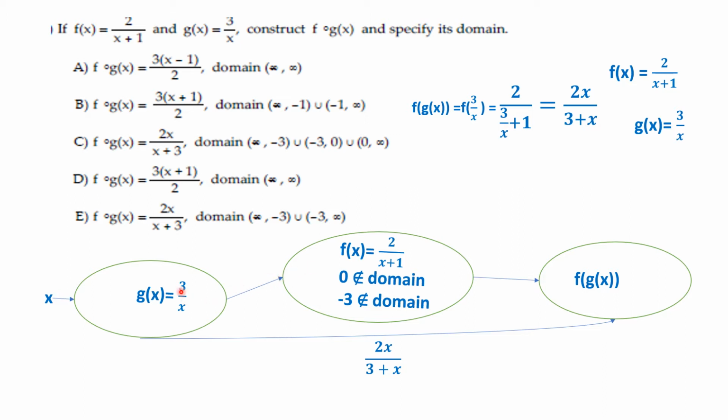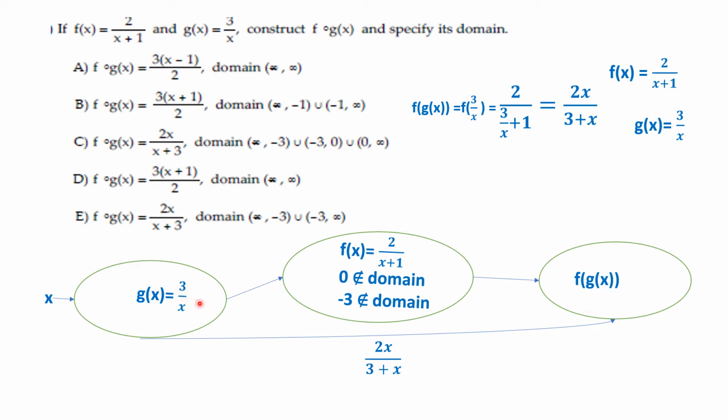Since 3 over x implies that the domain of g of x cannot have x equals 0, that means 0 is not included in the domain of g of x. So g of x will never produce 0.